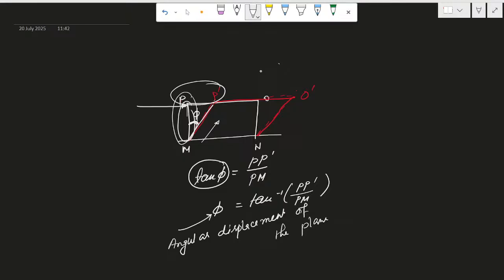So P dash by PM is nothing but tan phi. You can say this is the shearing strain, and this phi is tan inverse of P dash by PM. So tell me, is it clear? Is it clear up to this?